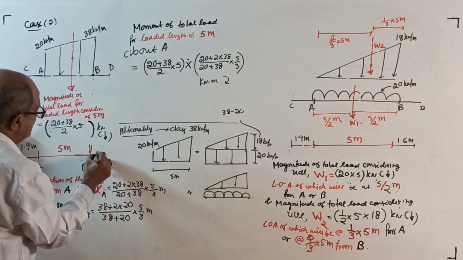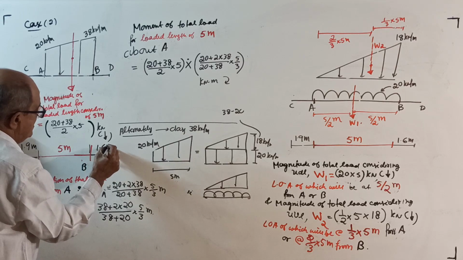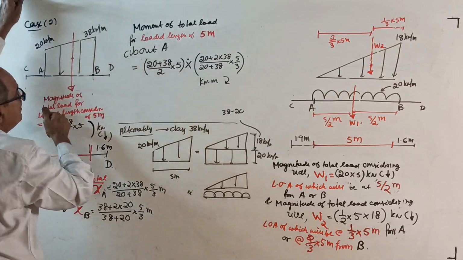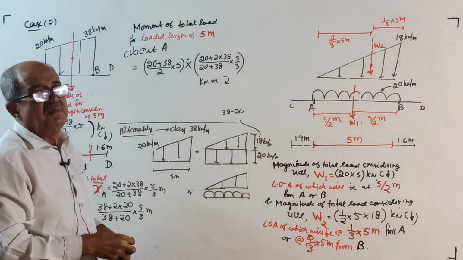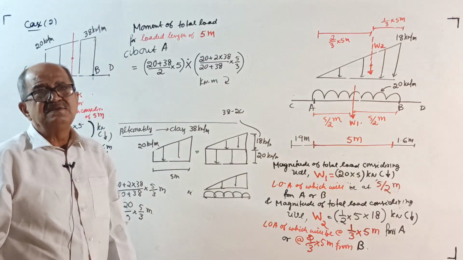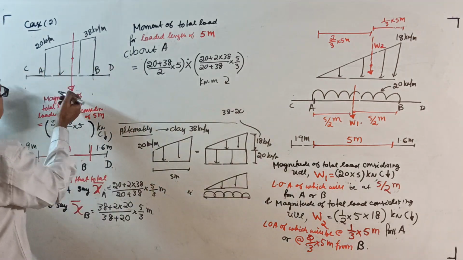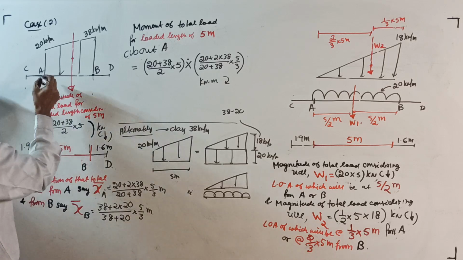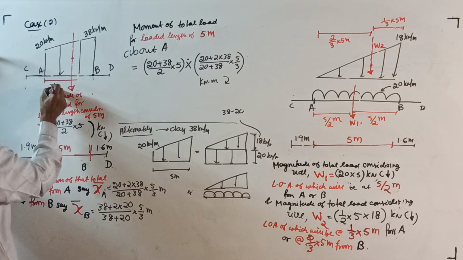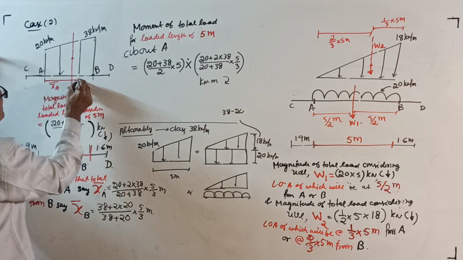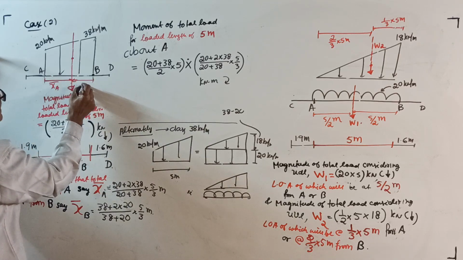Okay. I told you the total load is given by the area of the trapezium. Now, if I tell further, some will feel bored. Okay, over. The line of action of this load from here, let it be XA bar, and from here, let it be XB bar.